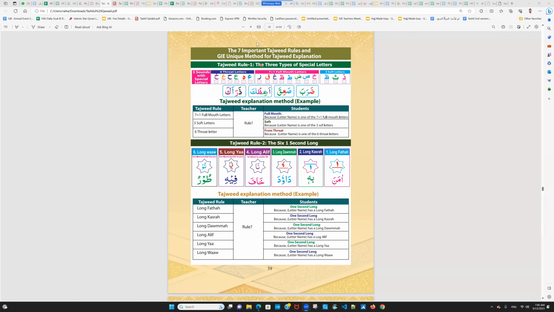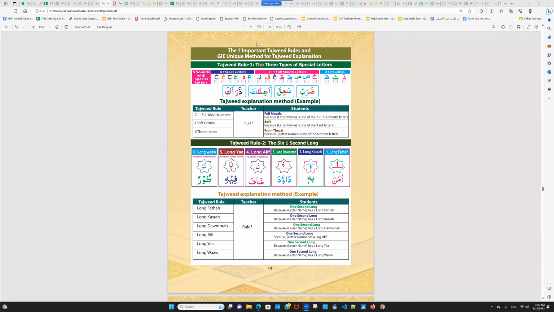A student learning the short sounds, Fatha, Kasra, Dhamma, and any special letter. When they are learning, if they see any special letter appear, then a student has to apply this fixed method. For the beginner, I am talking.